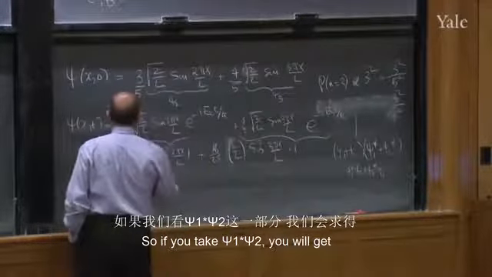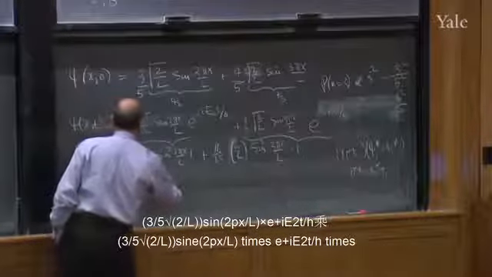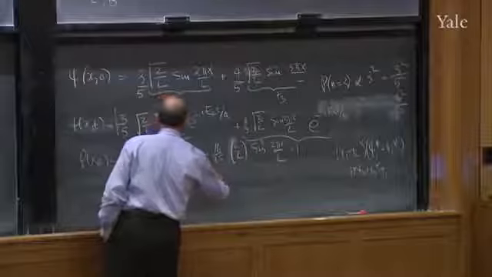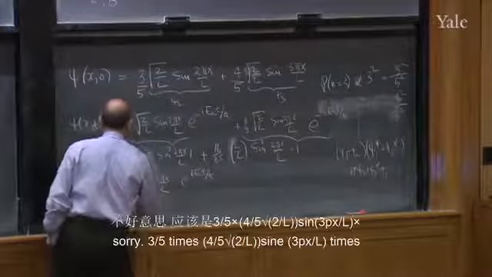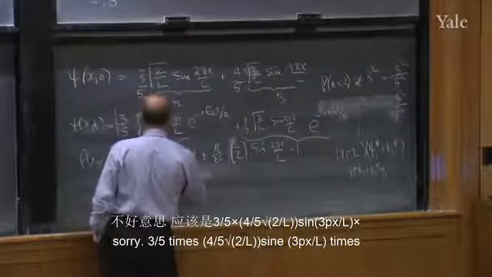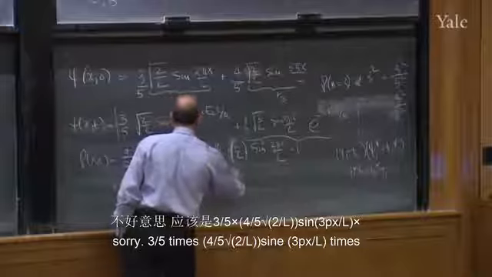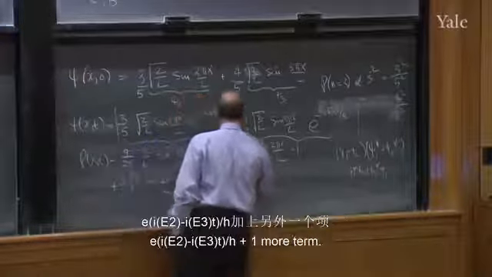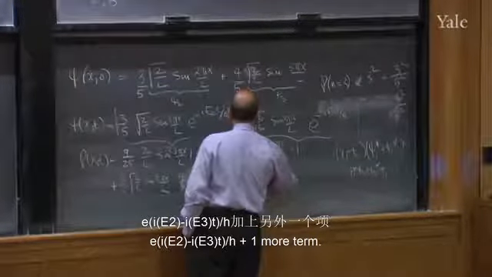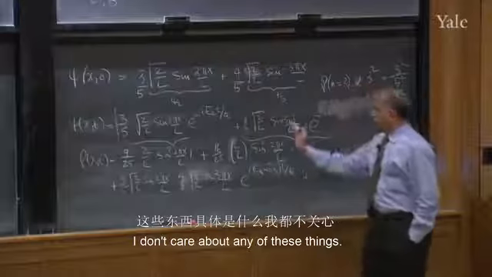If you take psi 1 star psi 2, you will get 3/5 square root of 2/L sine 2 pi x over L times e to the plus i E2 t over h bar, times 3/5 times 4/5 times square root of 2/L sine 3 pi x over L times e to the i (E2 minus E3) t over h bar, plus one more term. I don't care about any of these things.